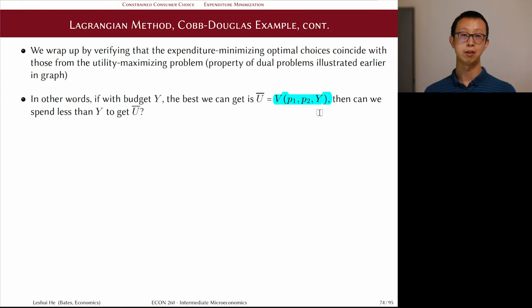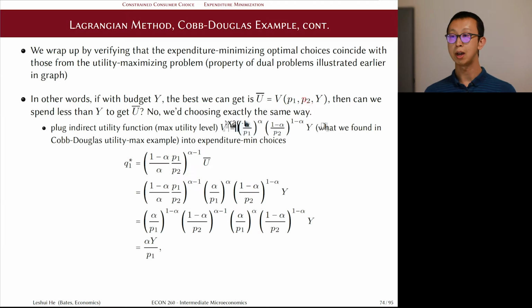Now let's try to verify that the expenditure minimizing quantity for good 1 that we have derived, which looks like this, is in fact identical to the utility maximizing quantity we found before from the utility maximization problem that looks like this. But remember, we will need to look at the expenditure minimizing quantity when the target utility level is a very special level.